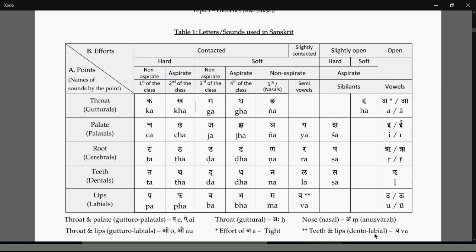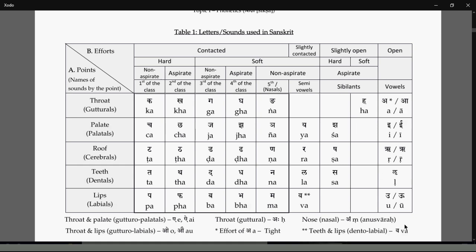But in this area here, it is slightly contacted, slightly open or open. How is the sparsha of the tongue? There is a slight contact and the mouth is slightly open or completely open. That is how you get the vowels and the sibilants. When the mouth and kantha are completely open, you get akara or akara.